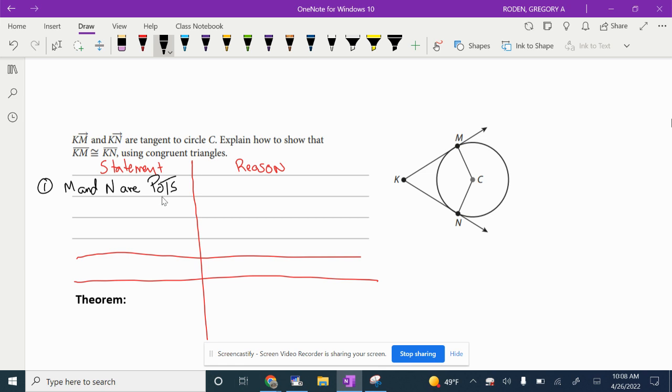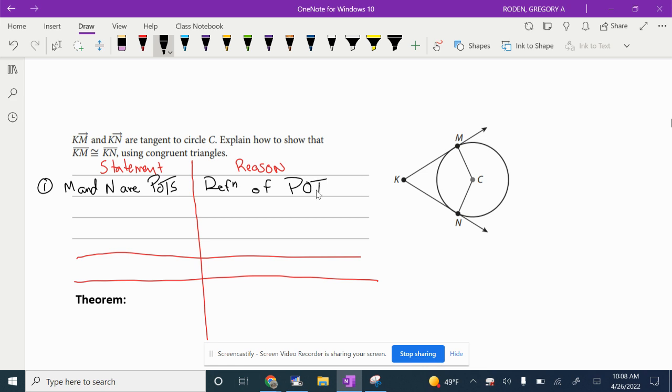Okay, so why do you know that they're points of tangency? Okay, so it's almost like a given, right? So this is by definition of a pot, right? What is the definition of a pot, guys?